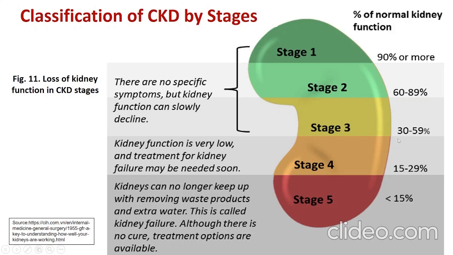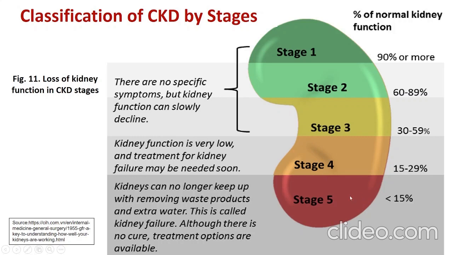If he does nothing or doesn't treat properly, we move to stage 4, when only 15 to 29% of kidney function is preserved, and kidney function is very low, and treatment for kidney failure may be needed soon.